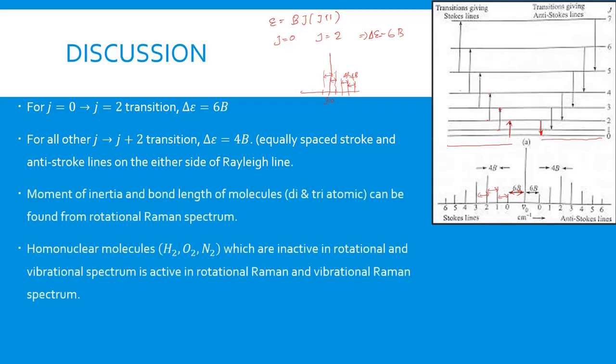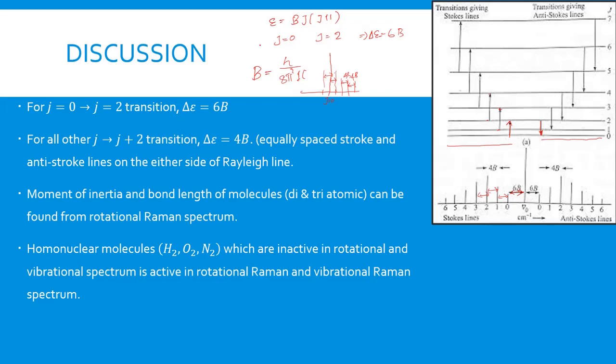The importance of this rotational Raman spectra is that we can find the moment of inertia and the bond length of a molecule. We have seen that B is a constant, and this B contains 8 pi squared IC, where I is the moment of inertia of a molecule.